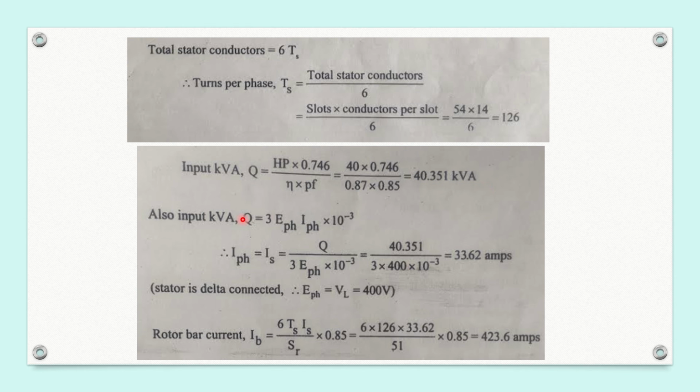So we know that input kVA is equal to 3 into V phase into I phase into 10 raised to minus 3, or root 3 into VL into IL into 10 raised to minus 3. Okay.